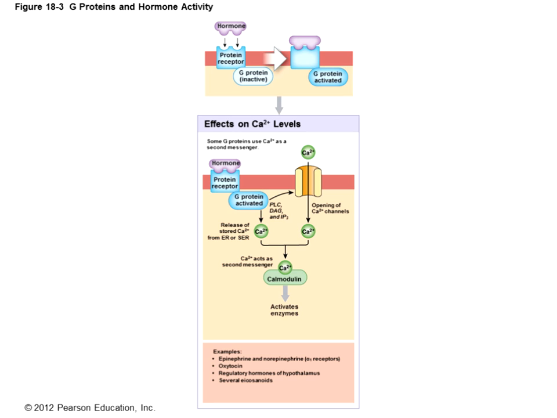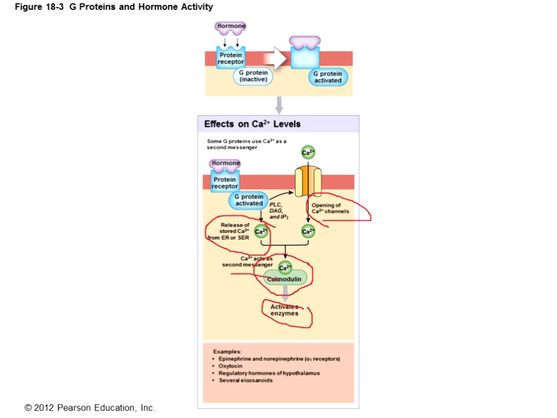Now another way is to use calcium as a secondary messenger. Okay? When the hormone binds to the receptor, G protein is activated, that can open calcium ion channels, but also cause the release of stored calcium, and the calcium then can act as a secondary messenger where it will combine with calmodulin to increase enzyme activity.